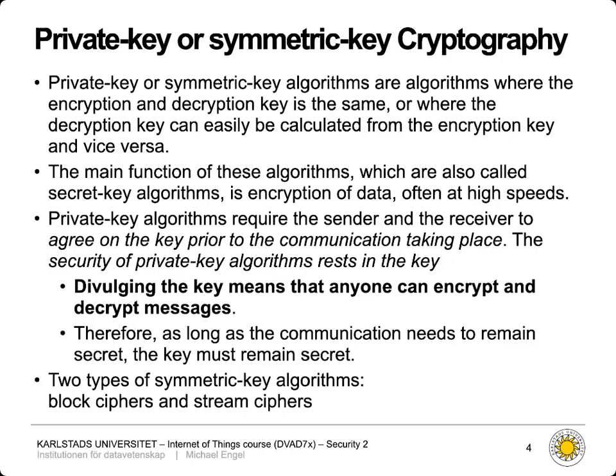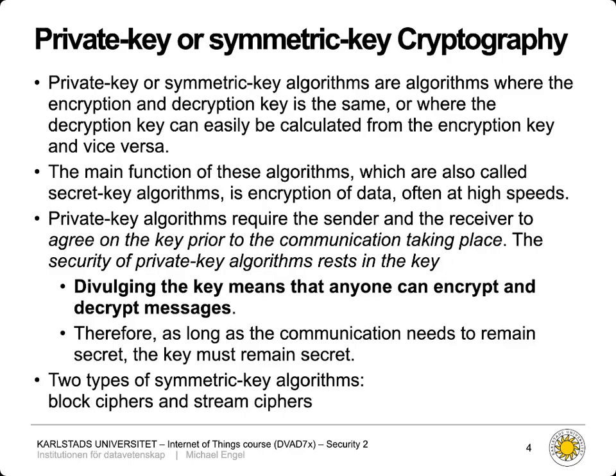The main function of these algorithms, which are also called secret key algorithms, is often high-speed encryption of data. Obviously, we need to keep this identical key secret, because anyone who owns the key is able to encode new data and also decode already encoded data that used this key.